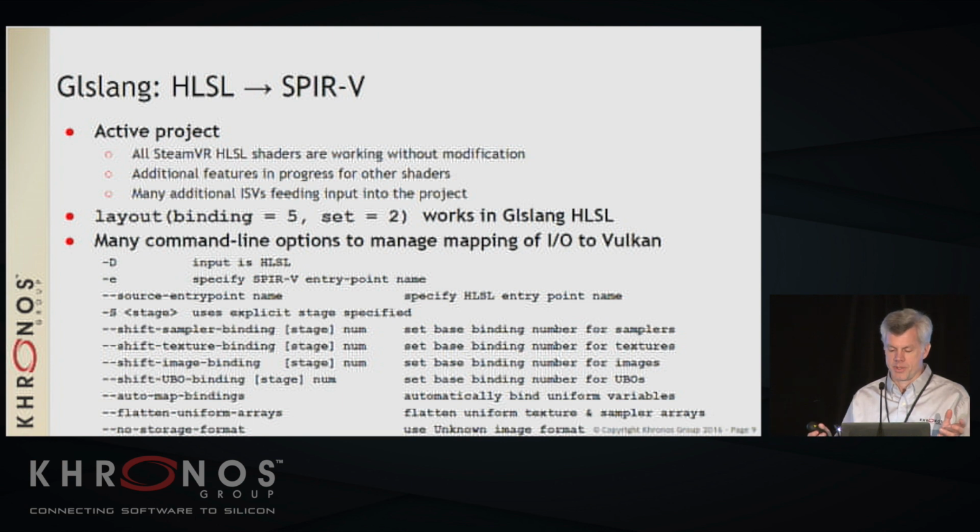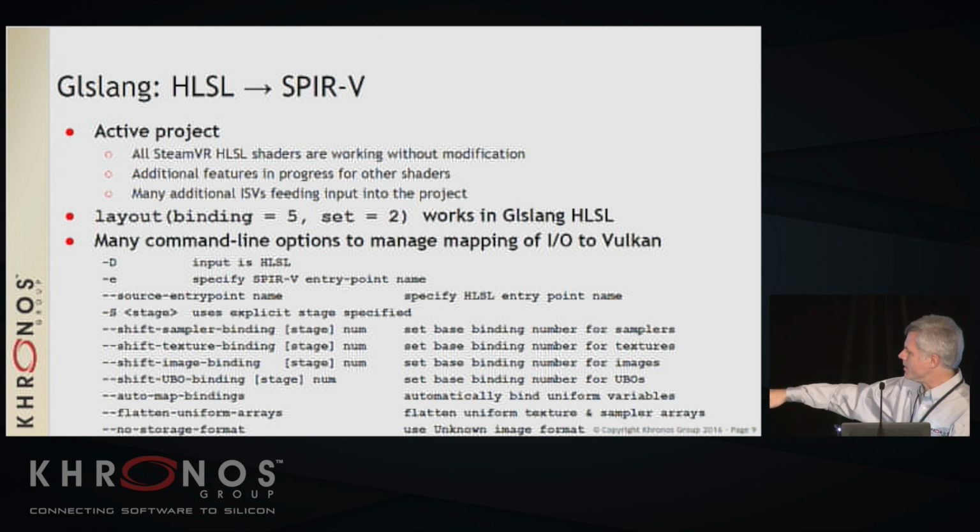HLSL doesn't have descriptor sets or some of the same binding type things that GLSL has. So we added the GLSL syntax to HLSL in order to get that done. Also, if you want to try to run shaders unmodified without having to put the descriptor set numbers and the binding numbers, we've been adding options to control this from the command line. So you can specify sampler binding, or I guess the third line from the bottom lets you auto map binding numbers.